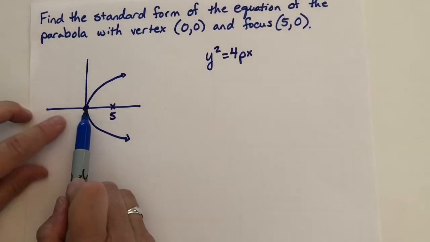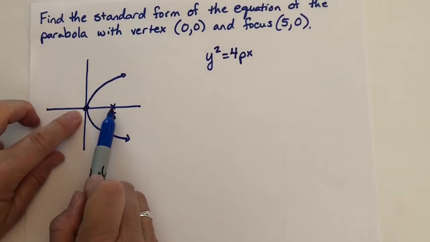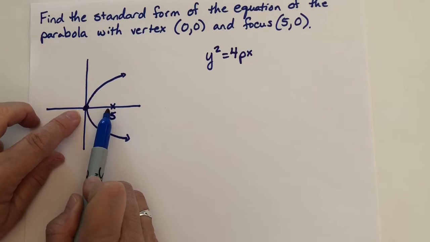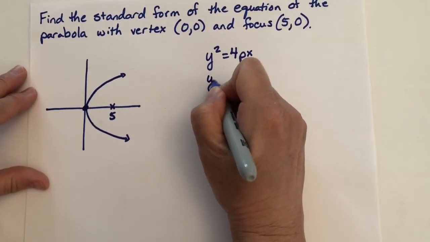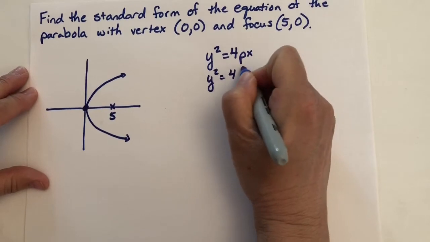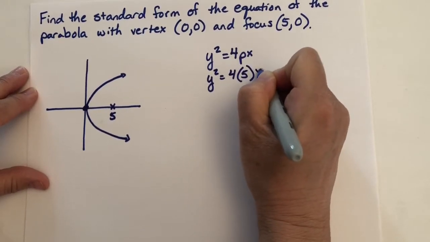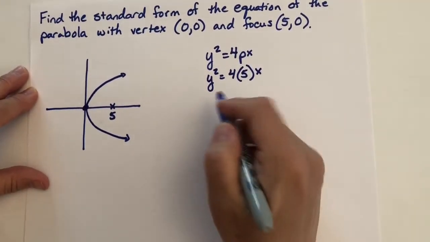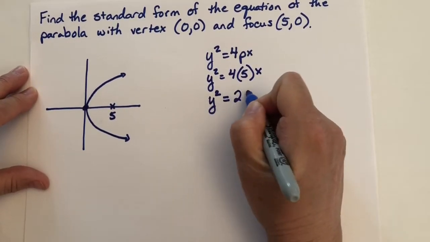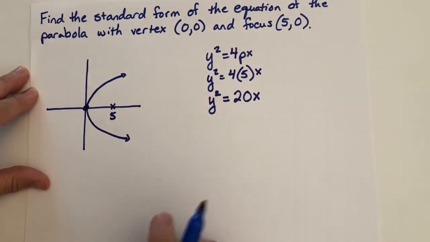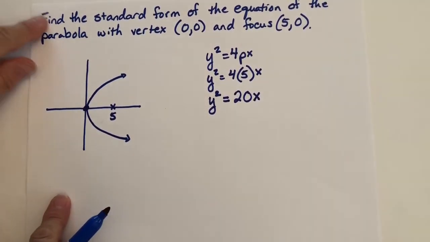So in this case, our p value is 5, and because it opens to the right, we know it's a positive 5. So if we substitute 5 into this equation, we get this, and generally we multiply these two together and we would present our answer this way. y squared equals 20x is the equation of the parabola described.